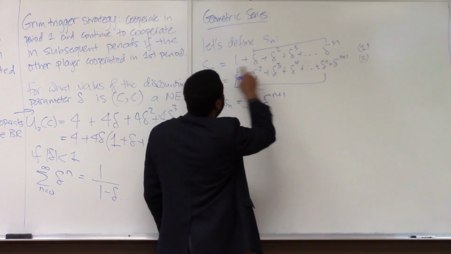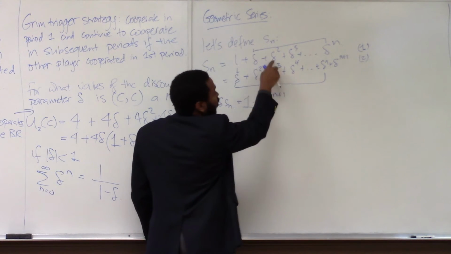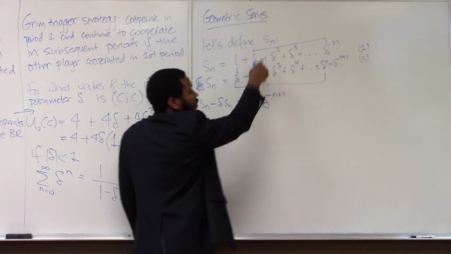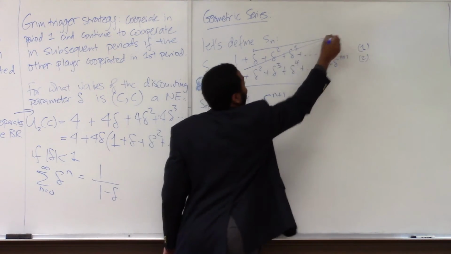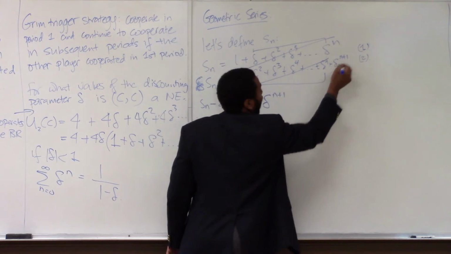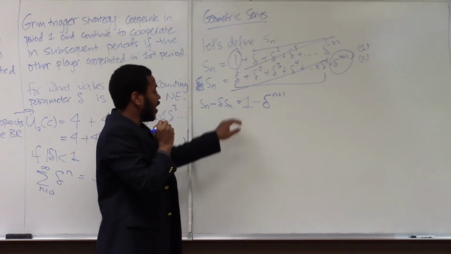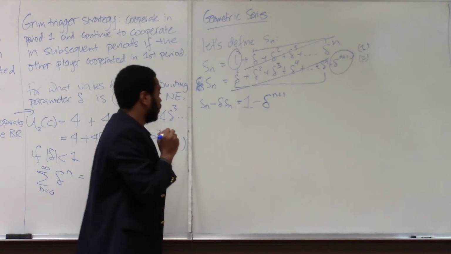And in equation 1 you see all of these terms as well. So when we subtract, they cancel, and it only leaves these two terms. So we just get 1 minus delta to the n plus 1.